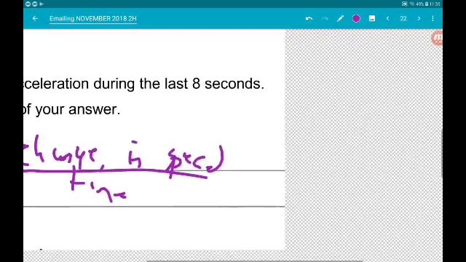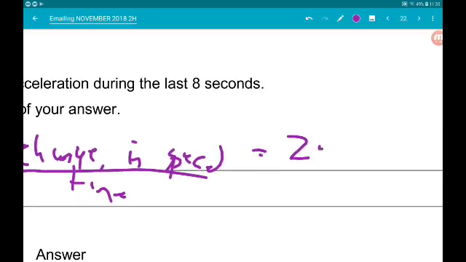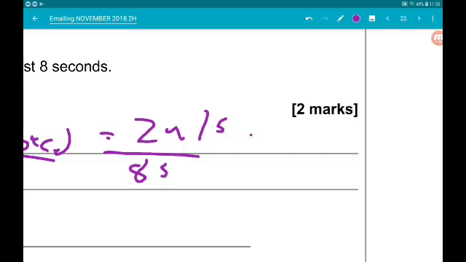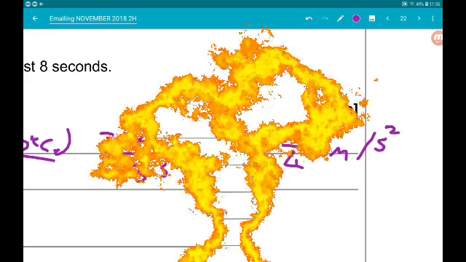So here, that's 2 meters per second over 8 seconds. So 2 over 8 is a quarter, and acceleration has units meters per second squared. Cool.